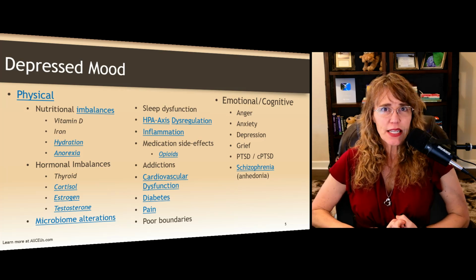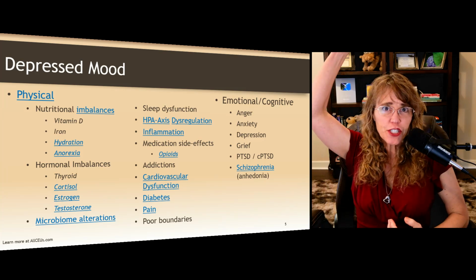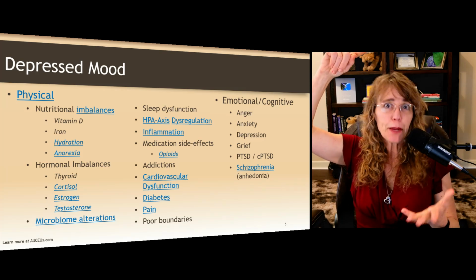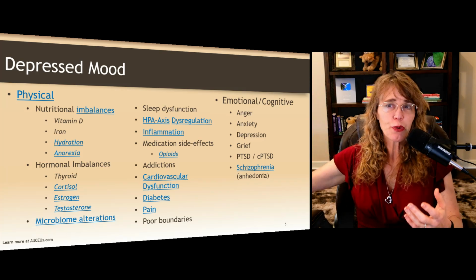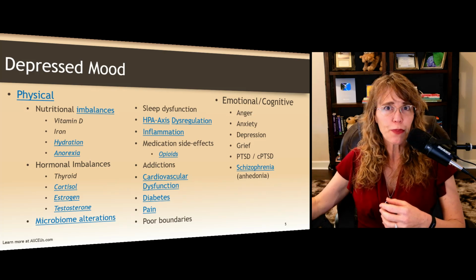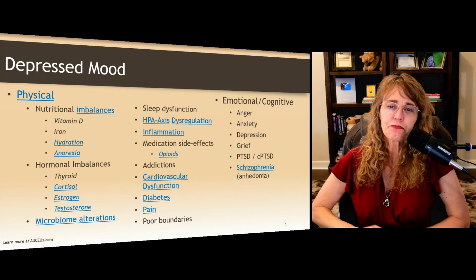Cortisol imbalances. Now remember, cortisol goes up first thing in the morning to help get you energy and motivated to get up out of bed, and it decreases throughout the day, being lowest in the evening, which triggers your body to create melatonin.